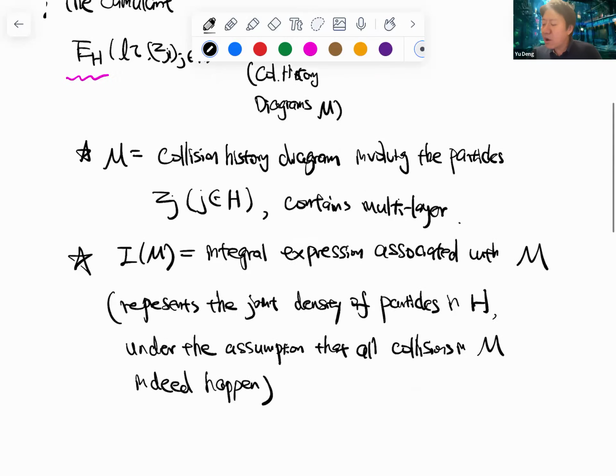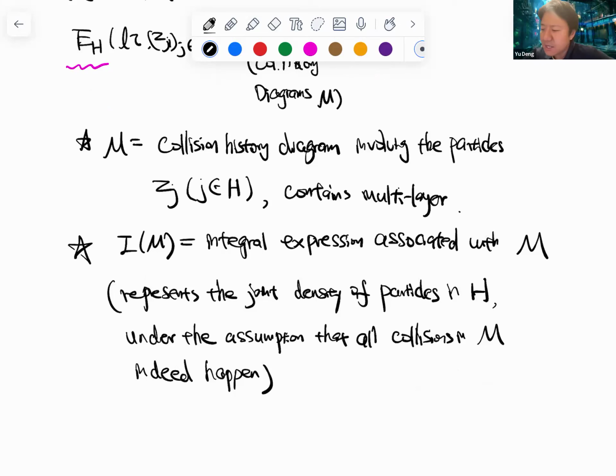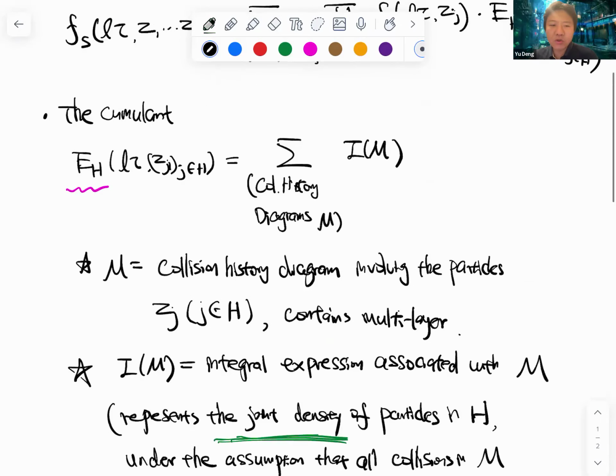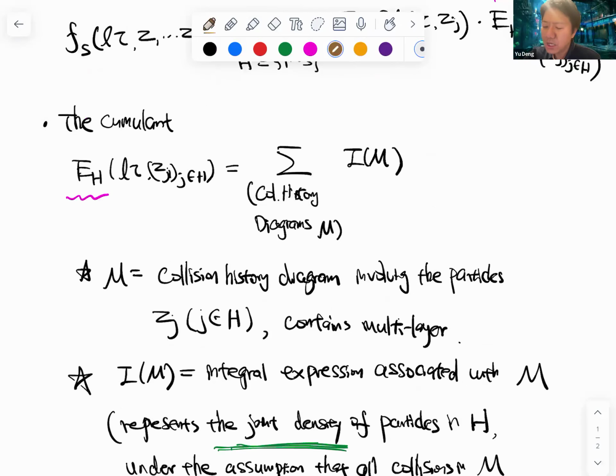The reason I'm saying this is because if this I_M is a probability density, then later on we measure the L1 norm of I_M, and remember from last time we're measuring the L1 norm of this E_H. If you measure the L1 norm, we are exactly reduced to the probability. The integral of the probability density is just the probability.